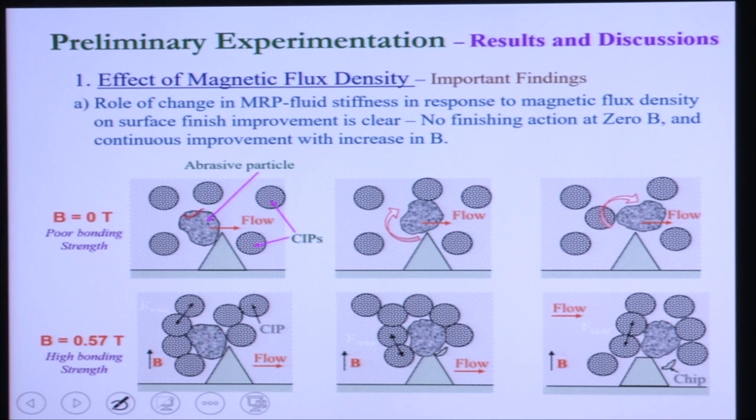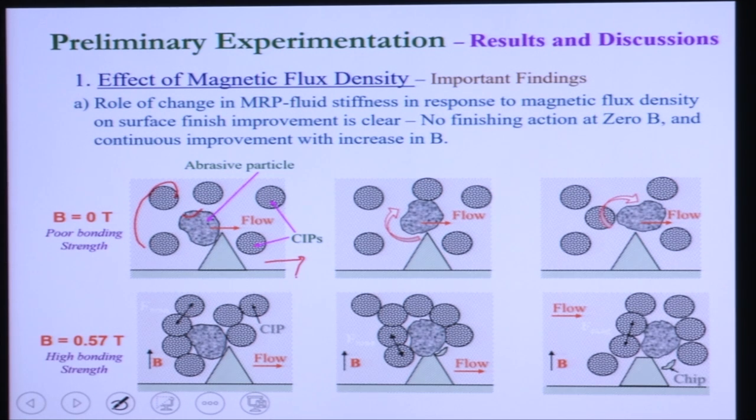Now at 0 Tesla magnetic field, there are no chains available, so there is no bonding strength to the abrasive particles. Here you can see these abrasive particles are loosely held, not held by the surrounding CIP particles. The fluid is moving in this direction.